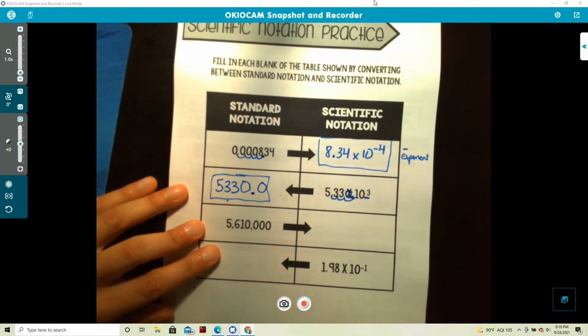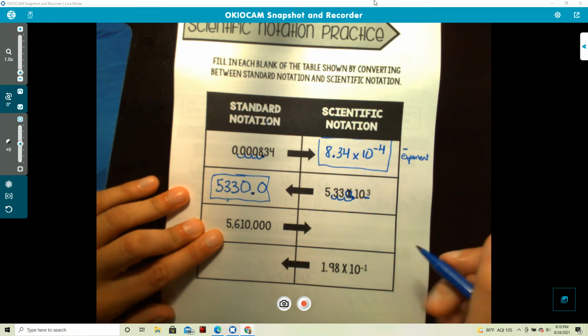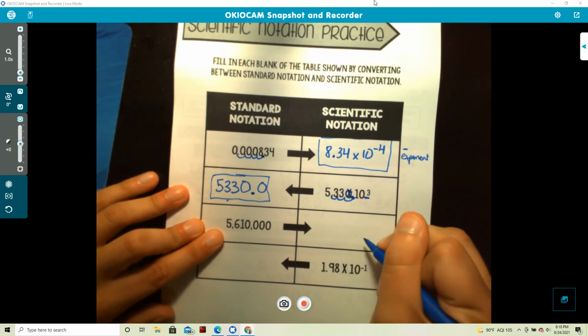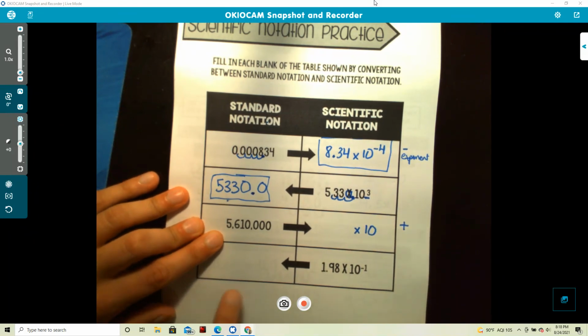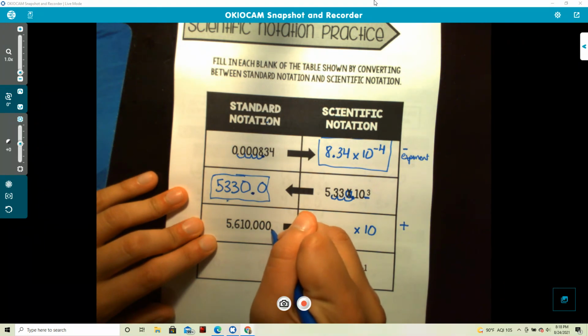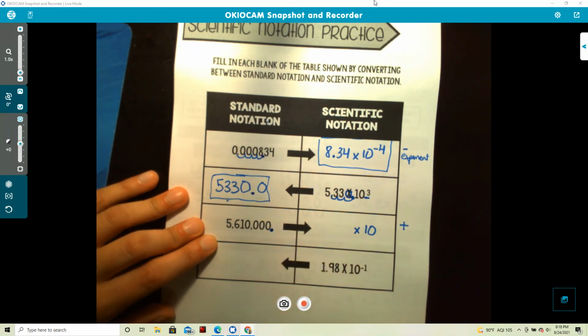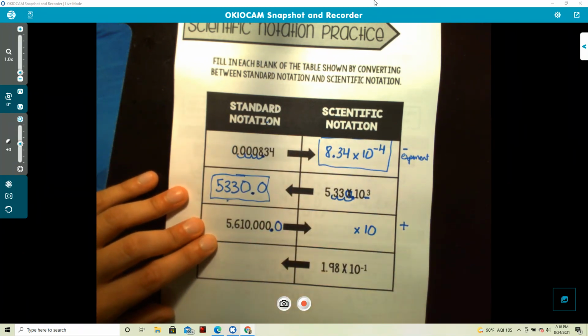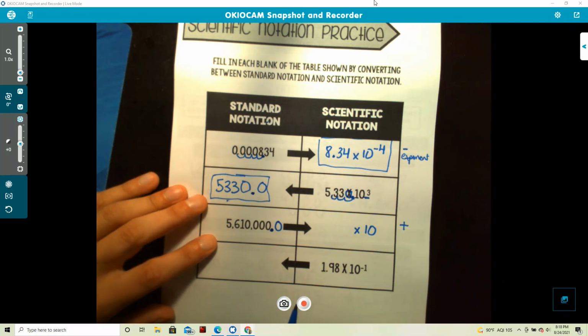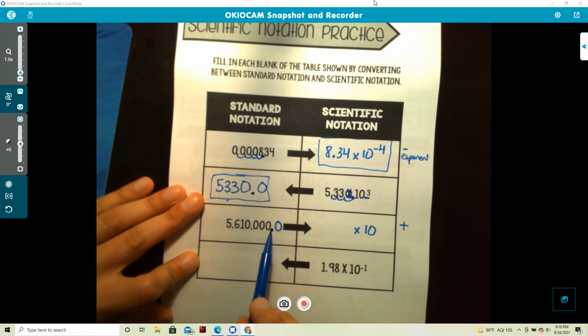All right. So over here we have 5,610,000. Okay, so it's a number greater than 1, so we're going to have a positive exponent. So I'm going to go ahead and write times 10, and then we're going to have to the positive number. Let's go ahead and identify where our decimal goes right after the last number. So we're expressing a whole number with a decimal. Go ahead and add a 0 since that's kind of what we're used to. All right, so remember our goal is to get the decimal here.